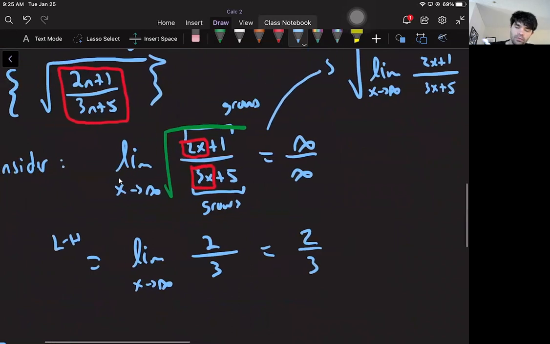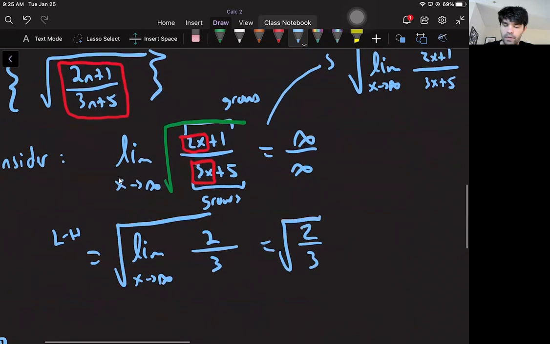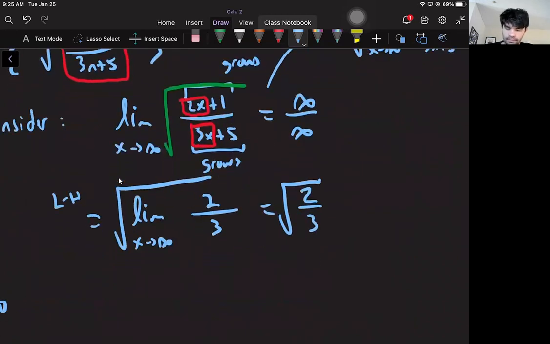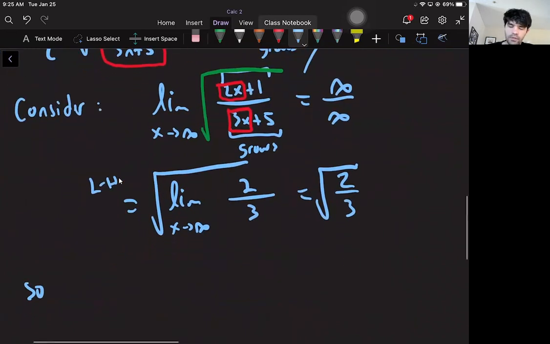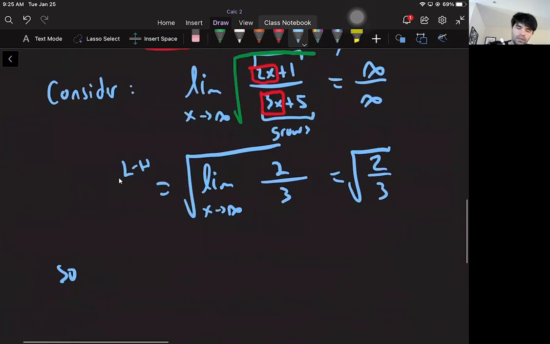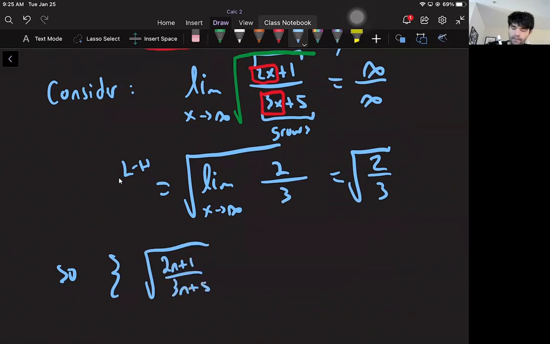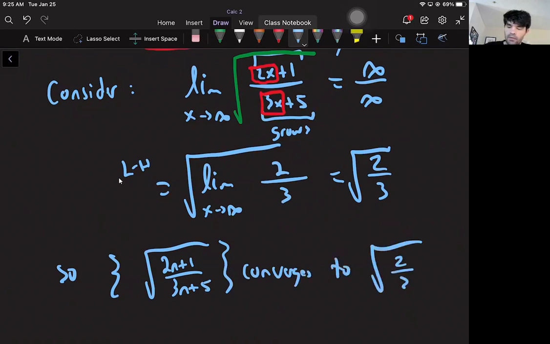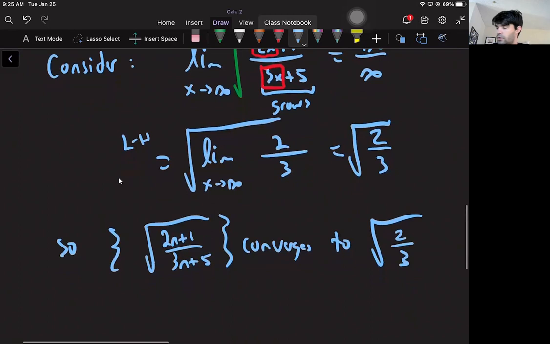So that's what we should have actually had this whole time. Okay. So the square root of 2/3 is what the sequence converges to. Converges. Got to finish the problem by saying what it actually converges to, because that's what we're looking for.